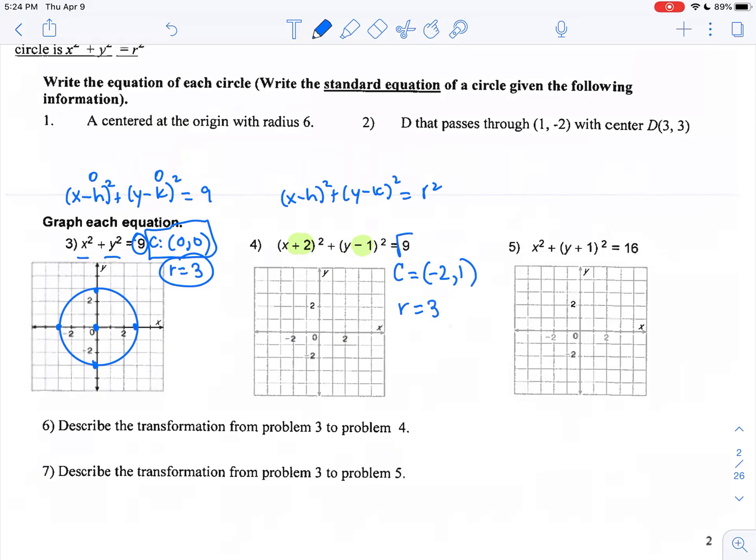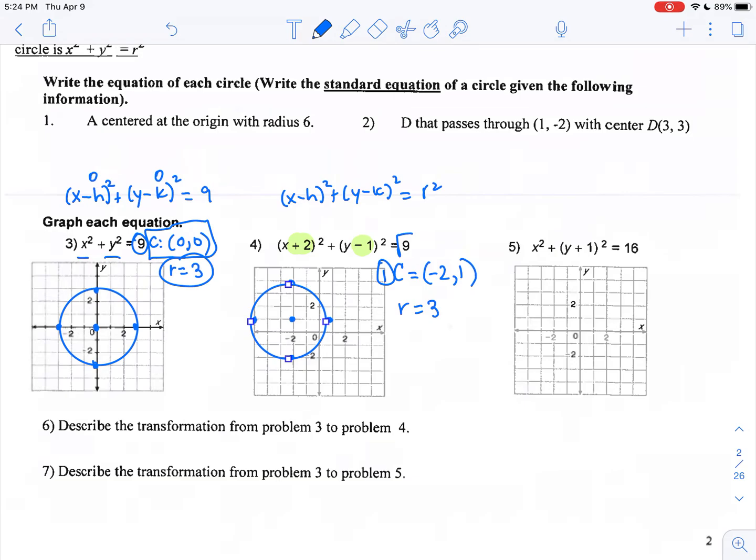The r value is the square root of 9, which is 3. You always plot your center first, so (-2, 1). From that point, you go right 3, left 3, up 3, down 3, and sketch your circle based off of those 5 points.